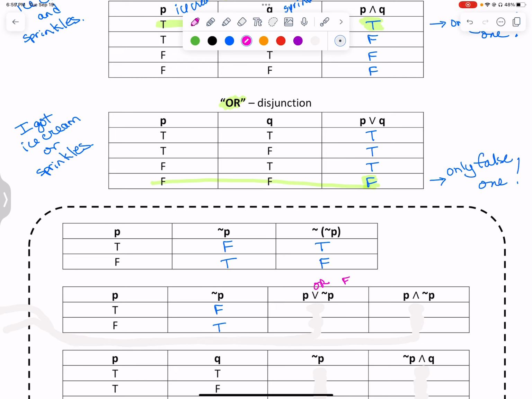So are both of these false? Nope. Both of these false? Nope. So that means both of those are true. Okay, this one is my and. And remember, and is true only when both of them are true.